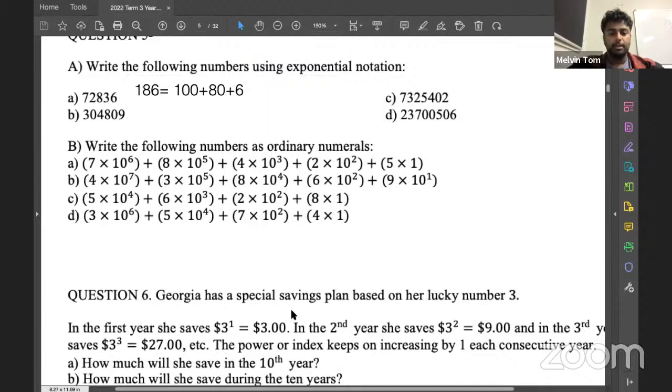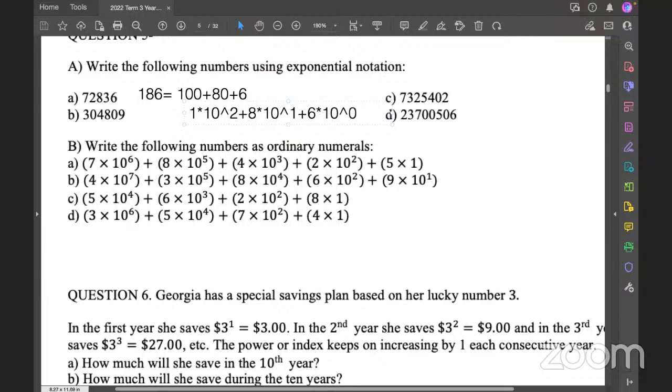Okay, cool. Because we can split it up like that, we can say 186 is the same as 1 times 10 to the power of 2 plus 8 times 10 to the power of 1 plus 6 times 10 to the power of 0.